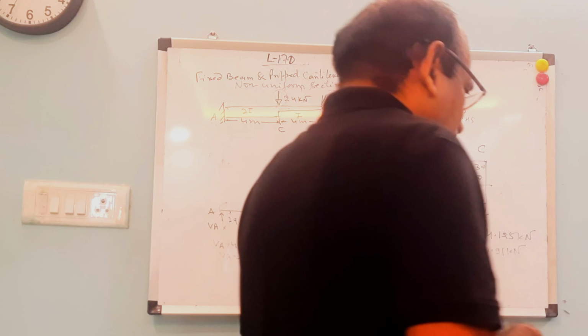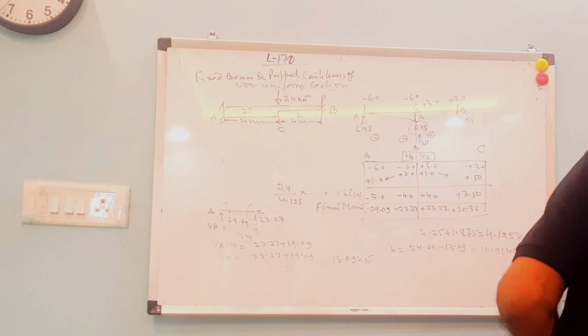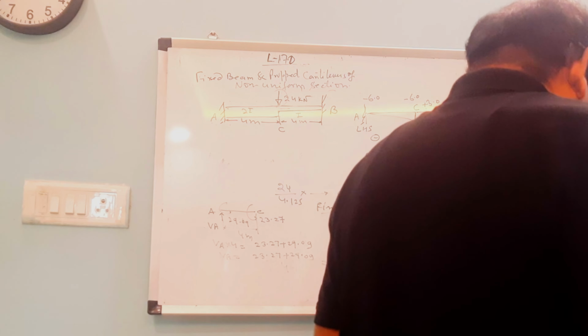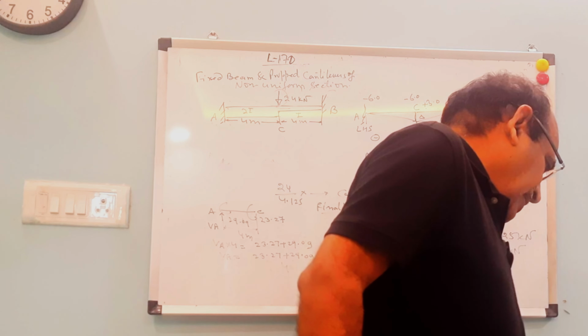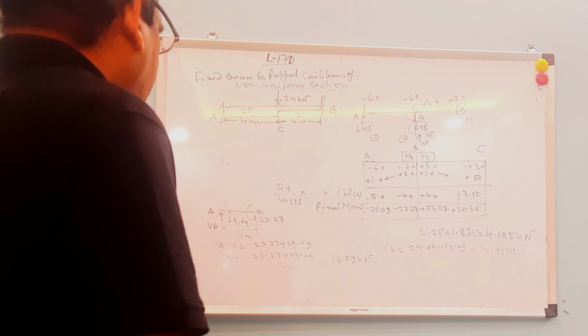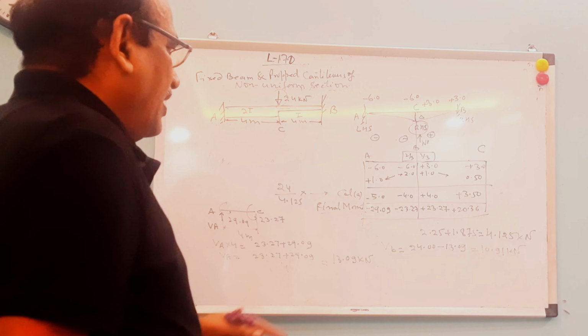So we can draw the shear force diagram or bending moment diagram. We can draw in this way. Let us see, this VA and VB are equal to 13.09 and 10.91.